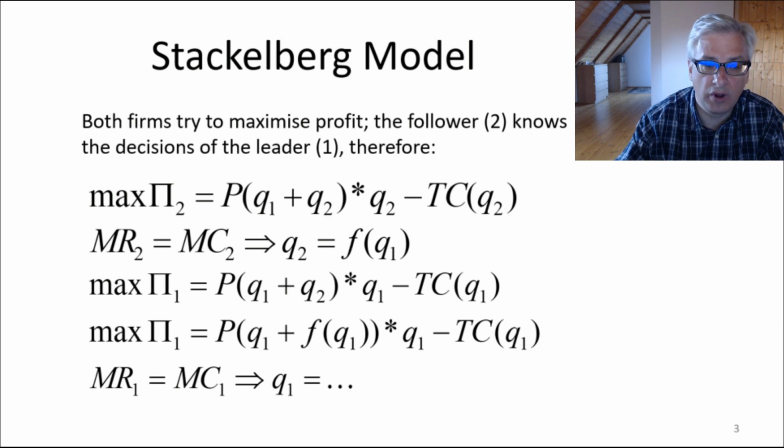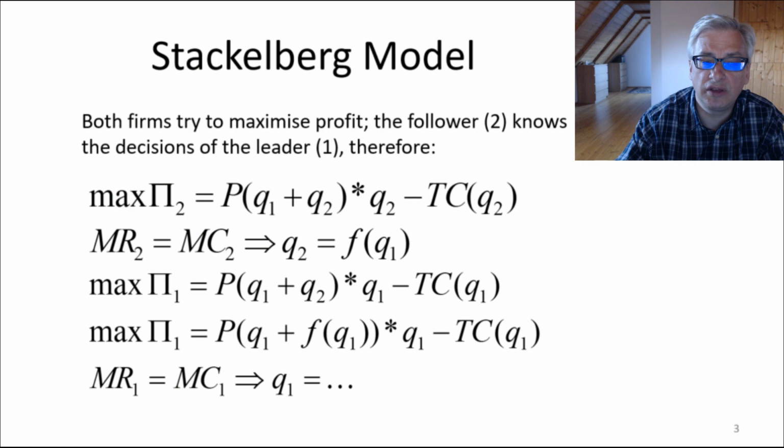Again, we may try to find what is the profit maximization for the leader. But here we've got a nice situation, because actually when you look at this equation for profit maximization, you've got two variables, Q1 in 3 places and Q2, which appears just once.